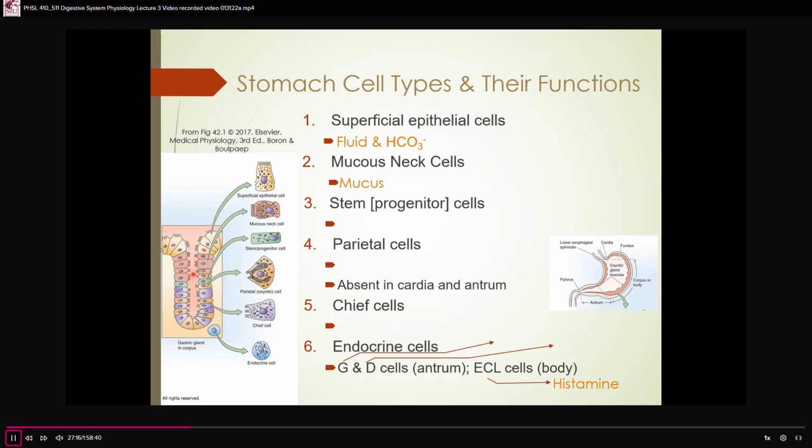So importantly, in the mid-region glands of the stomach, we have stem progenitor cells.